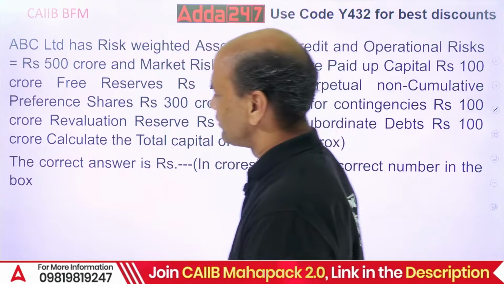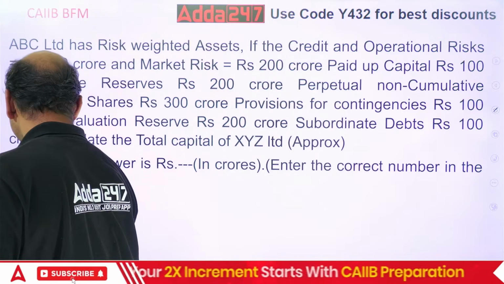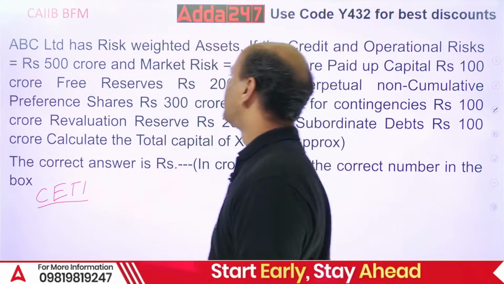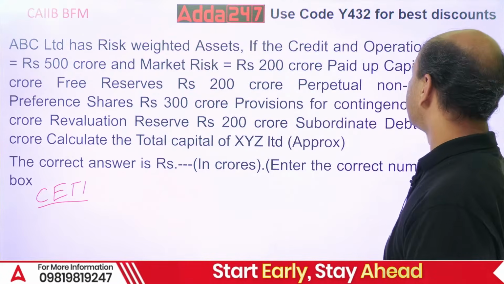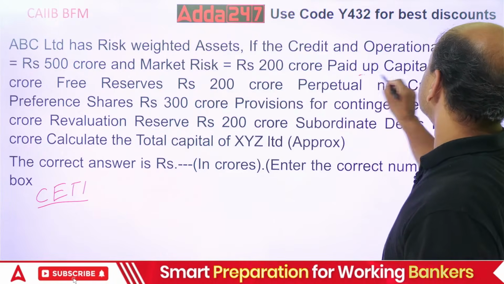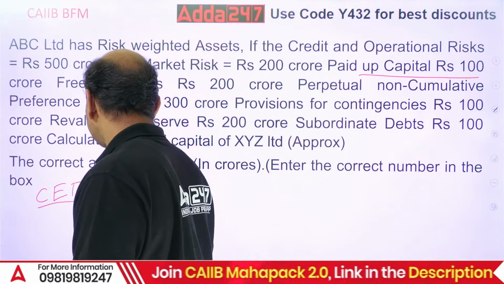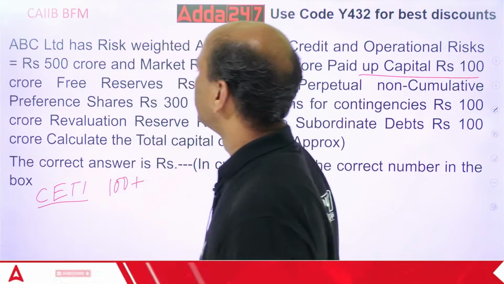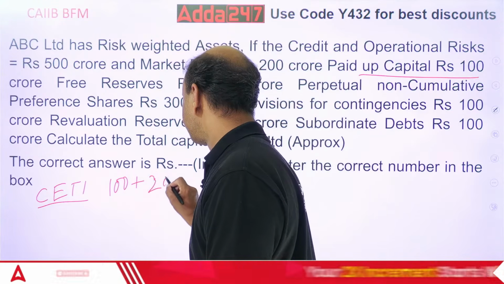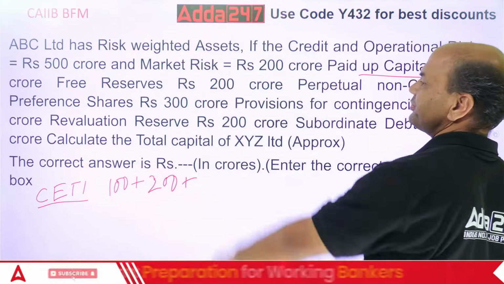For Tier 1 capital, first you will have to find out CET1, Common Equity Tier 1. You have free reserves, paid up capital is given, 100 crore. So CET1 is 100 plus free reserves 200.